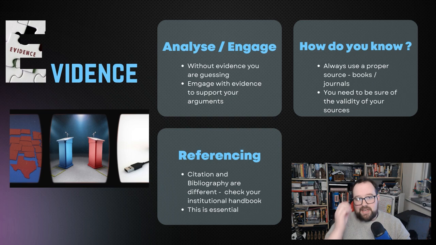The point about evidence is that you have to be sure it's coming from a suitable source. Academics, specialists, not just random websites or even websites that have been contributed by academics. You're better off with books and journals in all cases if you're looking at secondary sources, and primary sources are slightly different because they can come from websites.